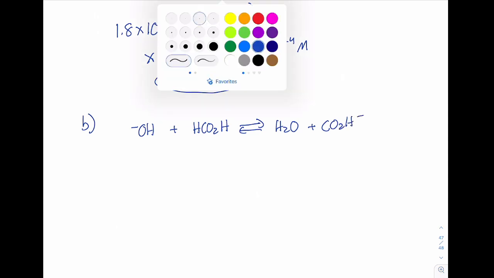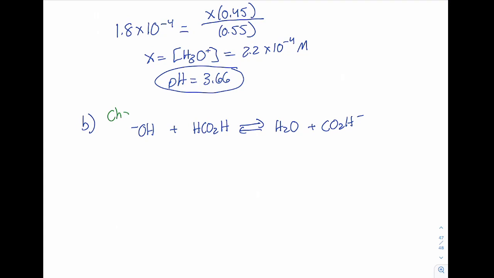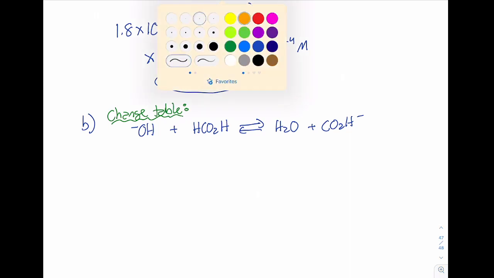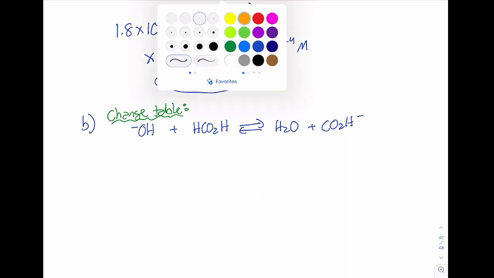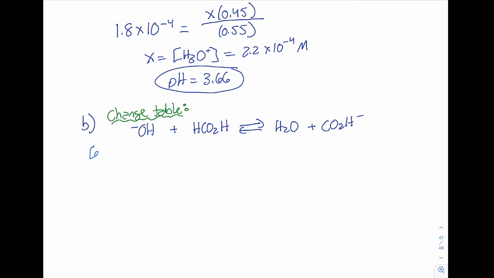So what I'm making right now is my change table. So my original concentrations, maybe we'll use that instead of old. Original, my change, and my new.